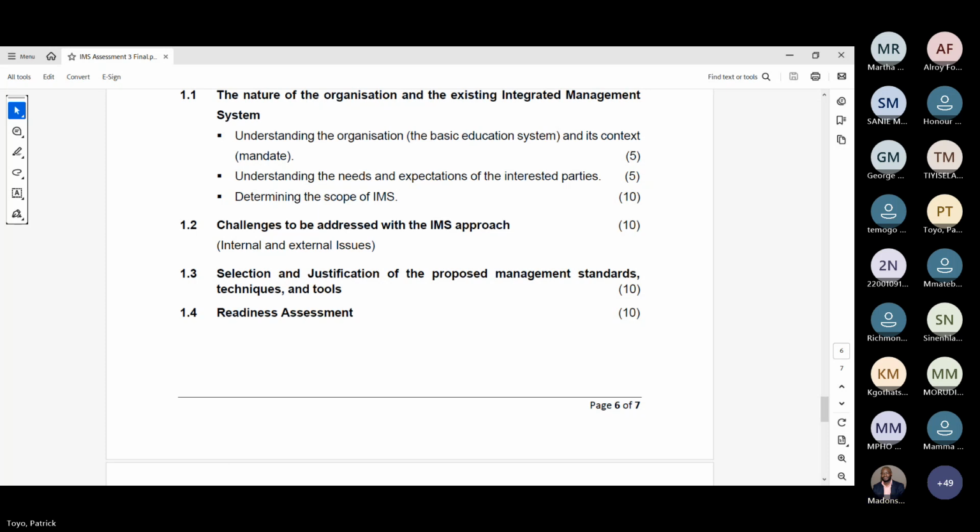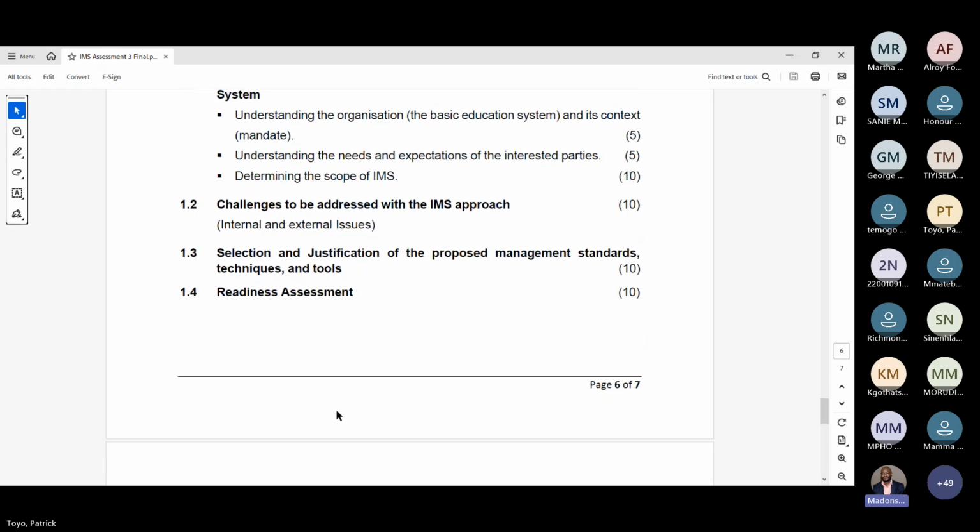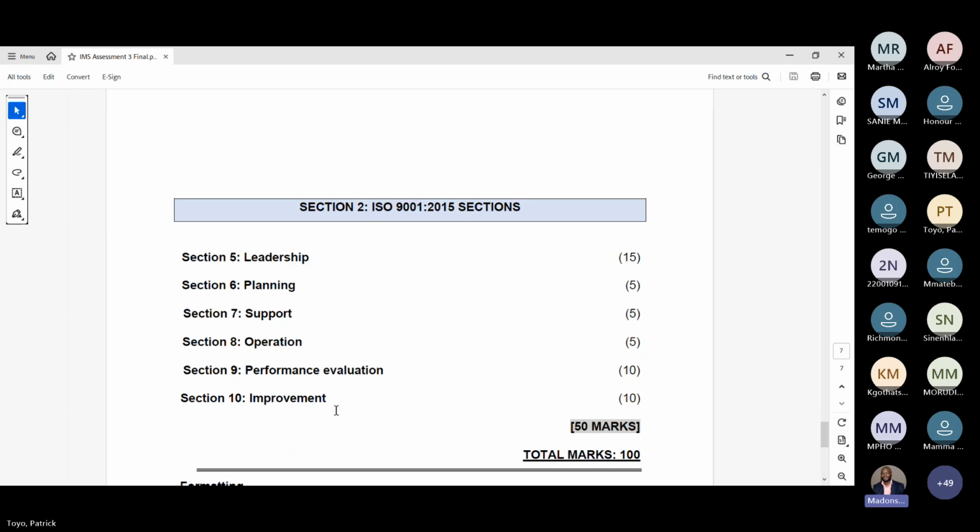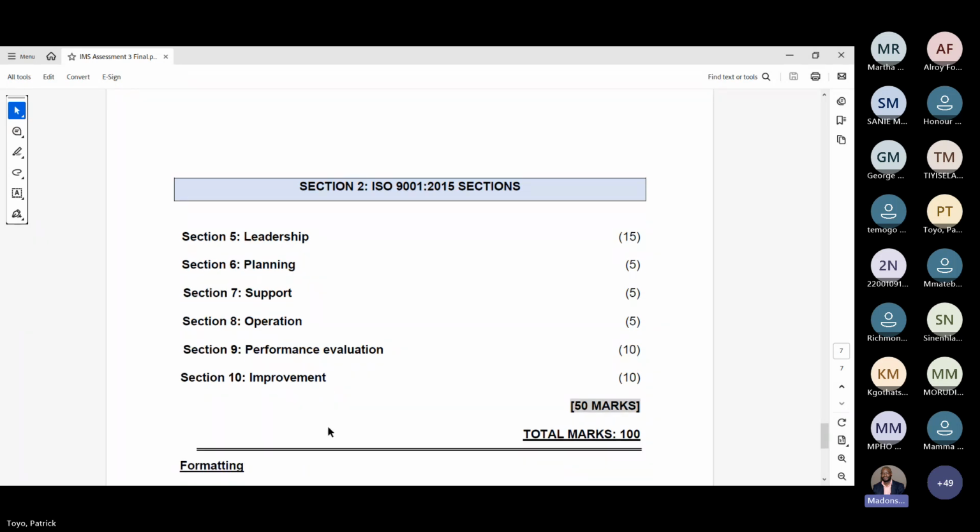All right. Dr. Toyo, before we proceed, the second section is a common section that derives from the clauses. Responding to these sections is going to be quite simple, but the contextualization in terms of the leadership, the planning, the support, is imperative. Although you've got a lot of examples around these clauses, the contextualization with the education sector is needed.